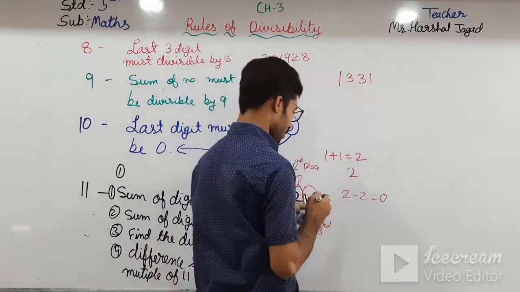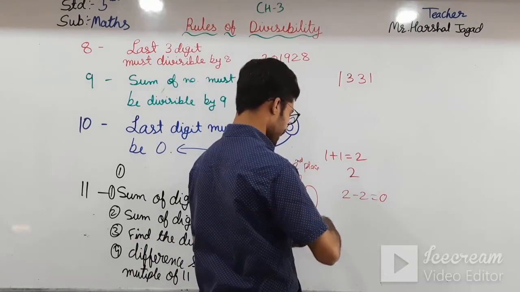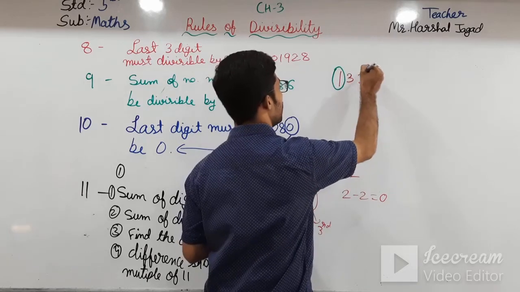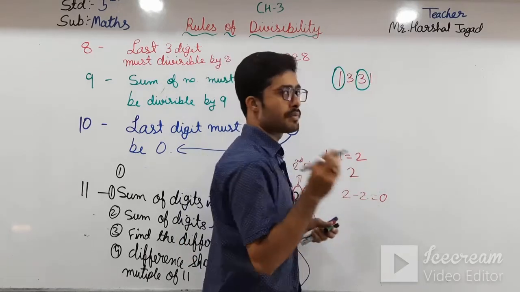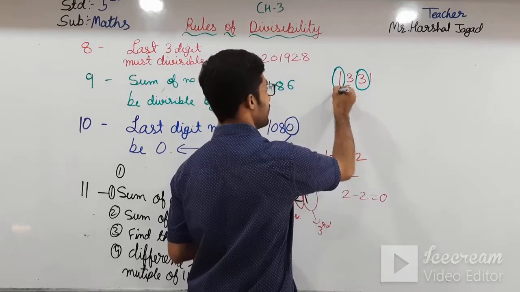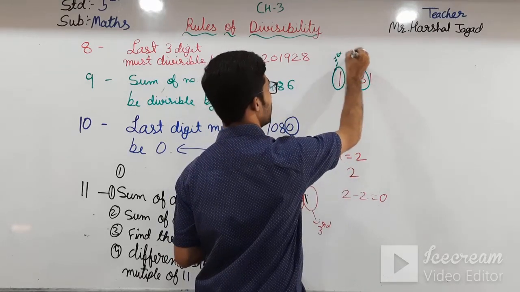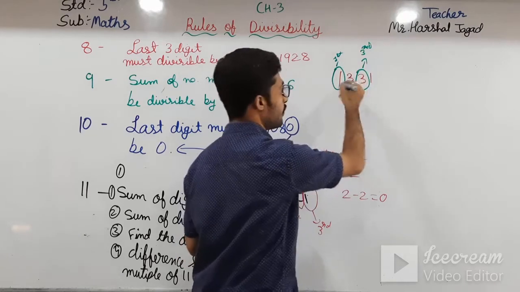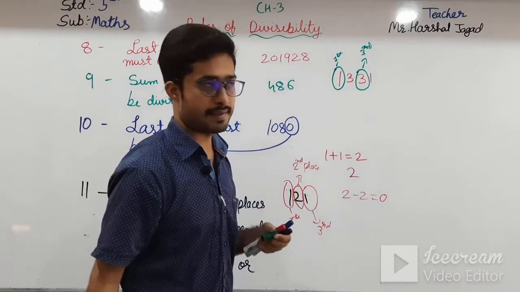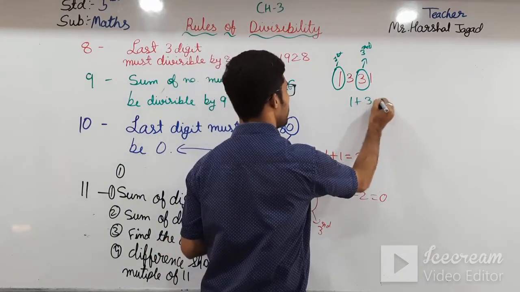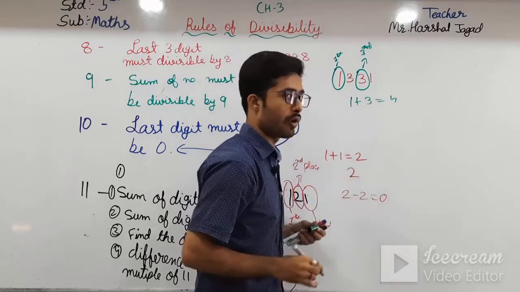Here I am just marking that this is odd, this is odd, both are odd places. This is first place, this is third place. Now we total: 1 plus 3 is equal to 4.